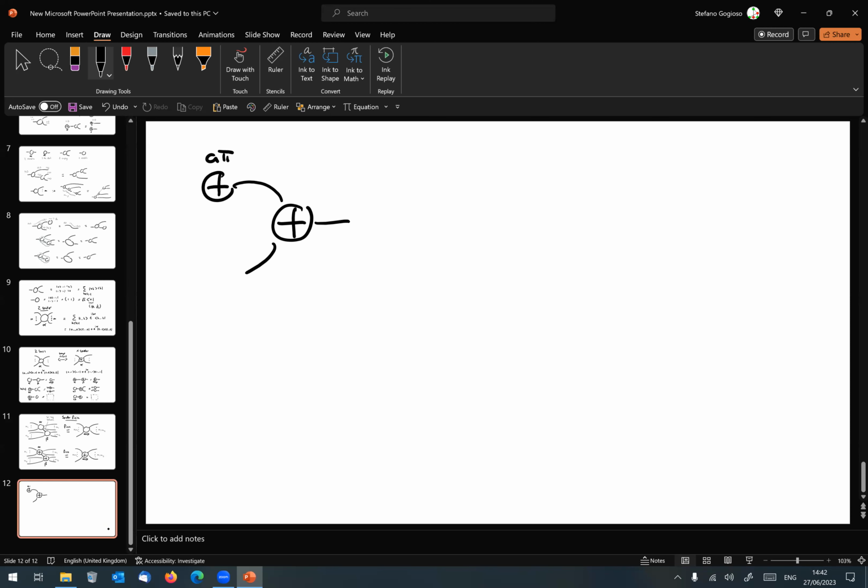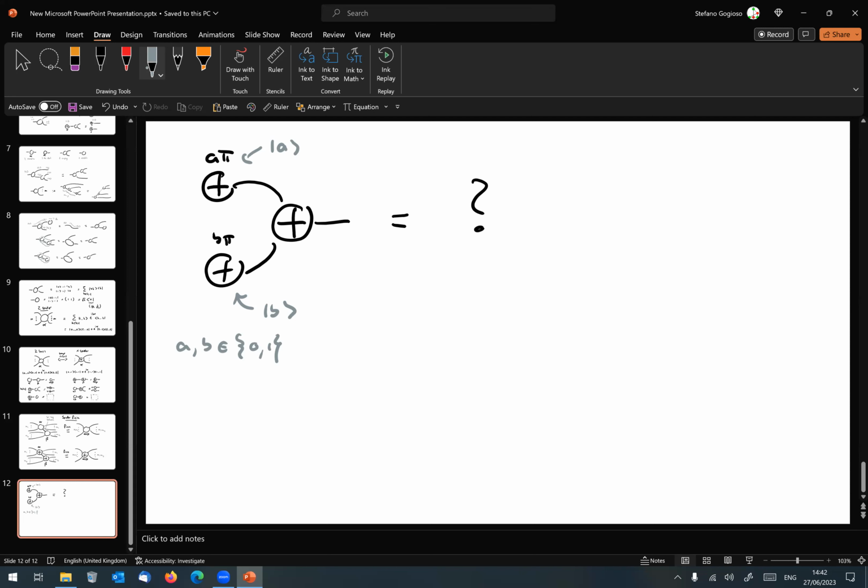So let's write it as A pi, and a state which is B pi. That is the Z basis. So these are the states either 0 or 1. This is the state B in the Z basis, and this is the state A, where A and B are in 0 or 1. So yeah, that's the Z basis.